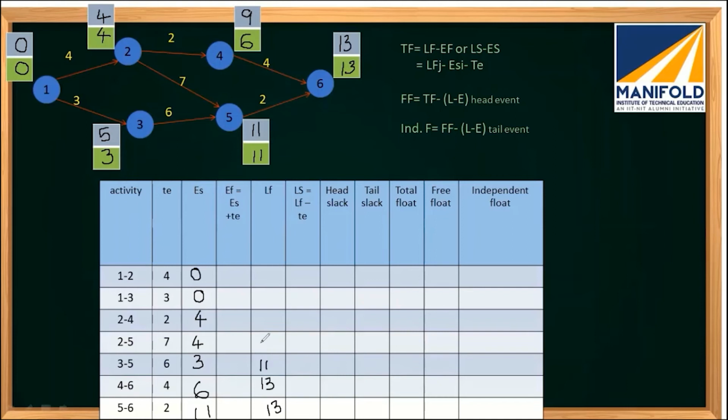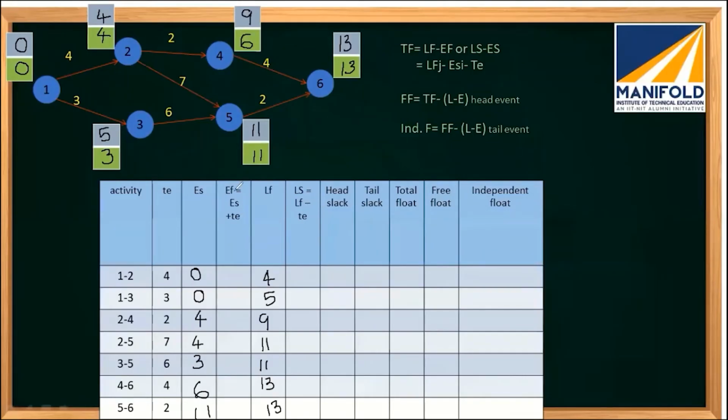For 2, 5, 5 is the finishing node, so it will be the same, 11. For 2, 4, it will be 9, because 4 is the finishing event. For 1, 3, 3 is the finishing event, so it is 5. And for 1, 2, it will be 4. That's how we fill these values.